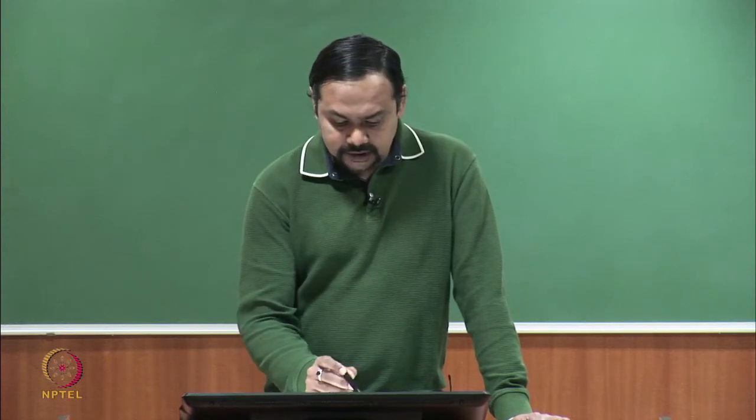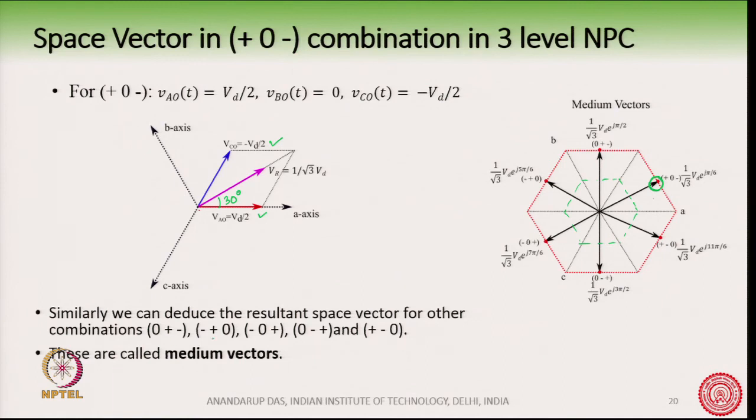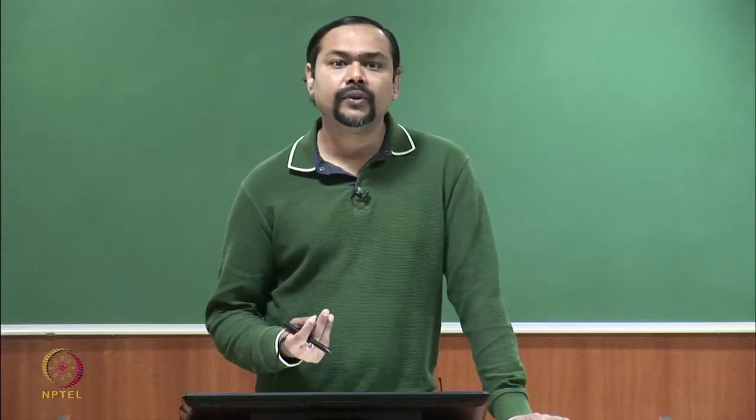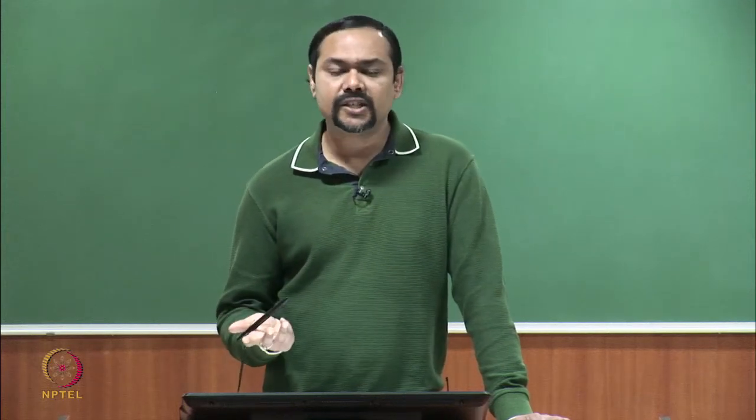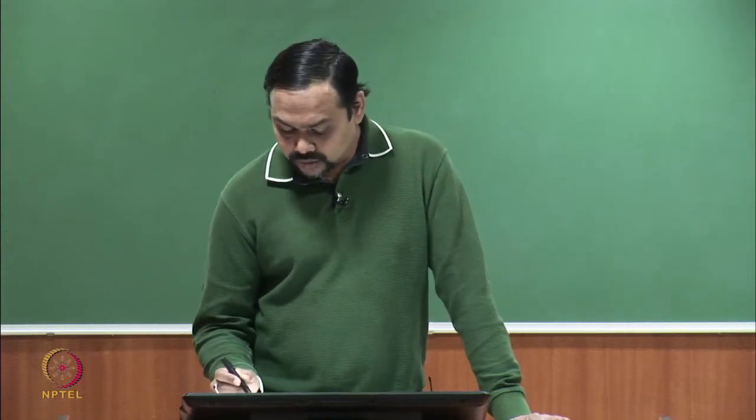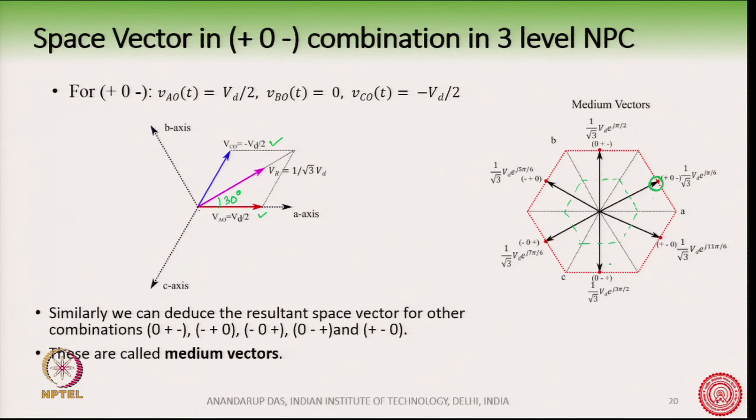Okay. Say like plus 0 minus, and then these switching state combinations will give you the medium vectors. So, medium vectors are made with one phase as plus, one phase as minus, and the other phase as 0. Okay. So, these will make the medium vectors as shown in the diagram.